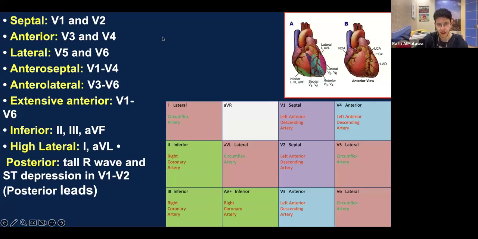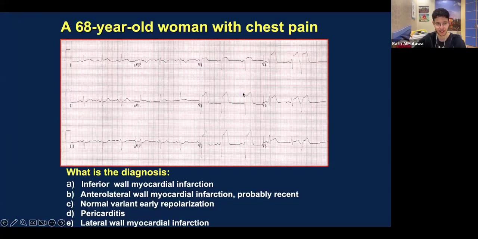Now, someone might ask, okay, what about AVR? What about it? This is theoretical. It's usually never elevated. If it is, you might have a problem, because it means that the entire system is not being supplied. But again, it's not very common. It's actually very rare.